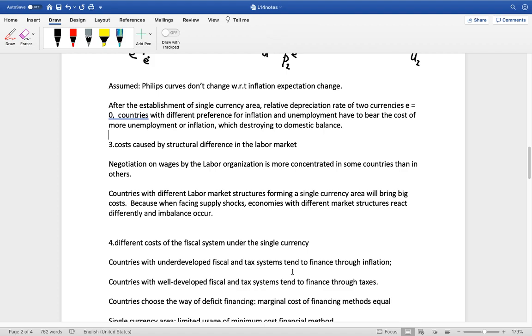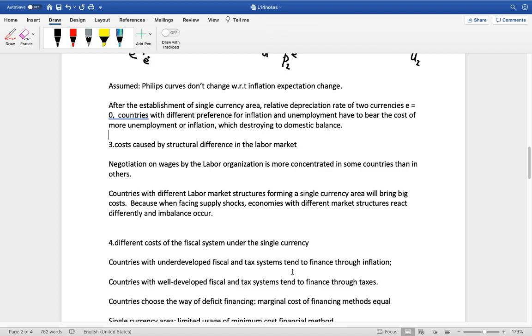And in the case of insufficient information, no single organization is willing to be the first to lower their nominal wages, because it faces the risk that other organizations will not follow, which means a decline of its real wage in the case of no followers.